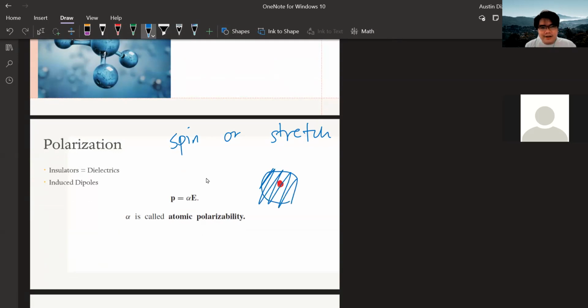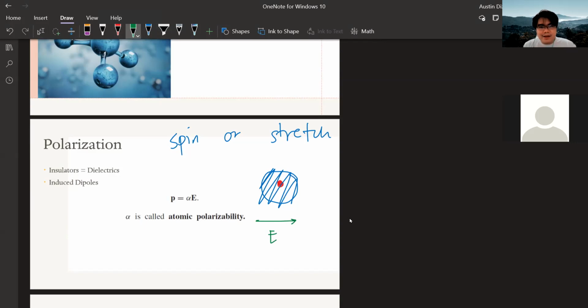What happens if you bombard it with an electric field? Let's say we have an electric field going like this. What will happen is the positive charges will follow the electric field, and the negative charges will move away from the electric field, right?